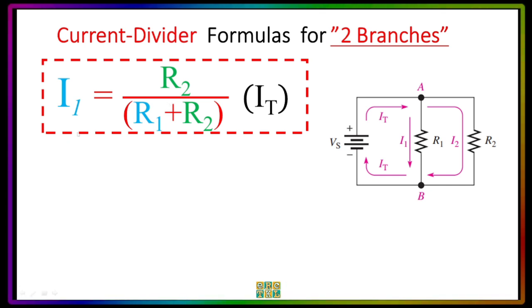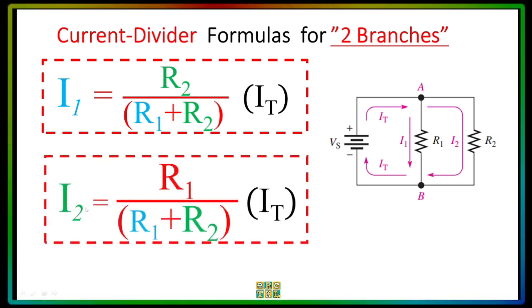If we will be calculating current I1, that will be equal to R2 divided by R1 plus R2, or the sum of the resistors in parallel. This is only applicable for two branches. So if you only have two resistors, then you divide the opposite resistance. For example, you want I1, do not put here R1, put here R2, and then get the sum of the two resistors and multiply it by I total.